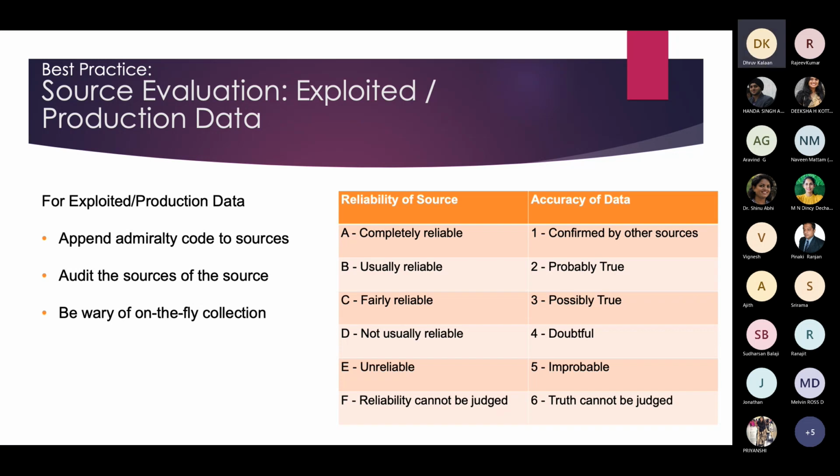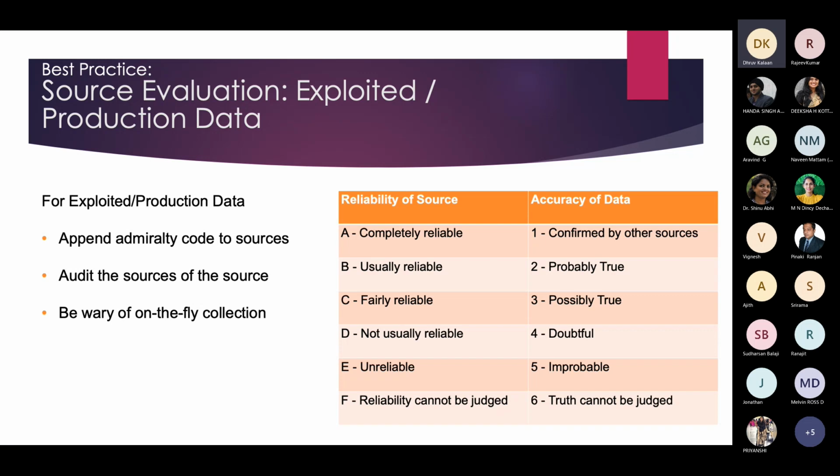And secondly, whatever data you are getting, you start tagging the accuracy of it. So if somebody has provided information in a report with details, and they're saying, okay, this has been confirmed by, say, XYZ or so and so analysts have gone through it, you can mark a score of, say, 1 on that.